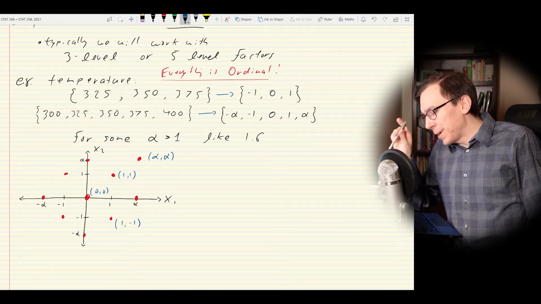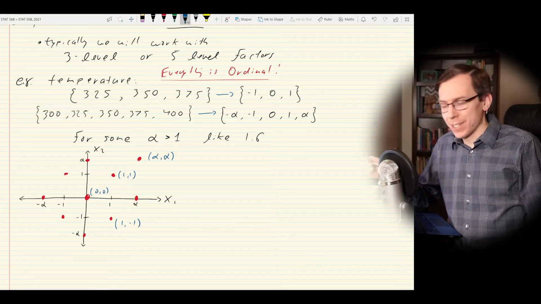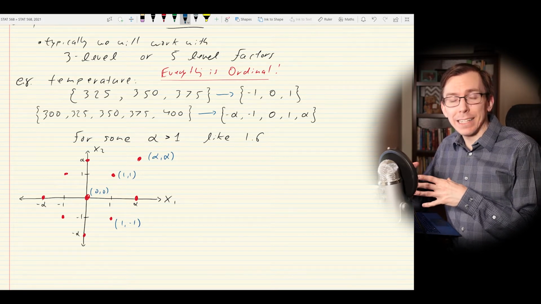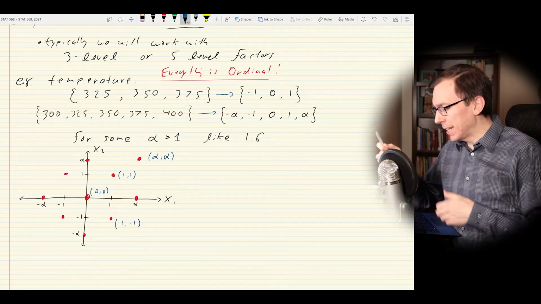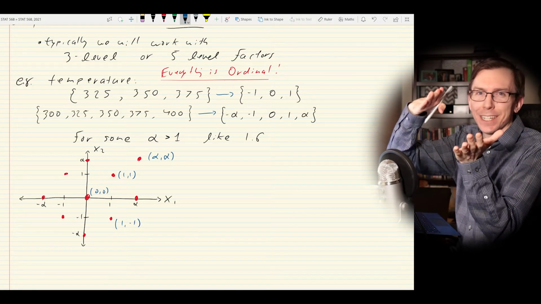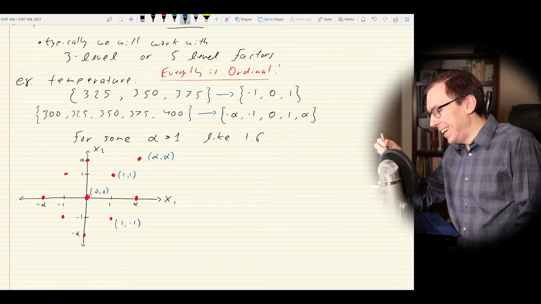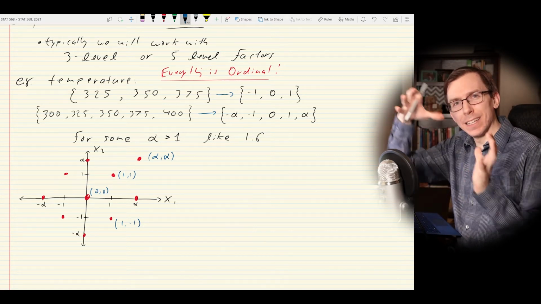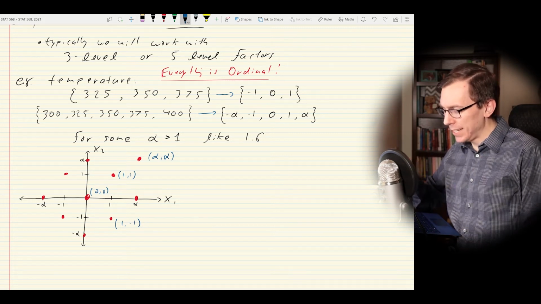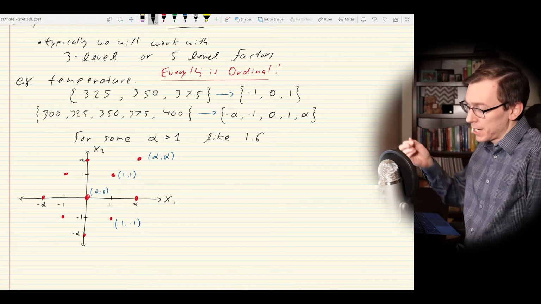Now, again, we encode x1 and x2 to just take on values like this so that it's easier to work with mathematically, and everything's on the same scale, because otherwise we might have temperatures in the hundreds, we might have pressures in like the tens or the ones, and it would distort this entire thing if we don't scale it. So what we're going to do is we're going to try to keep it on a scale like this. And this would be what a design might look like.